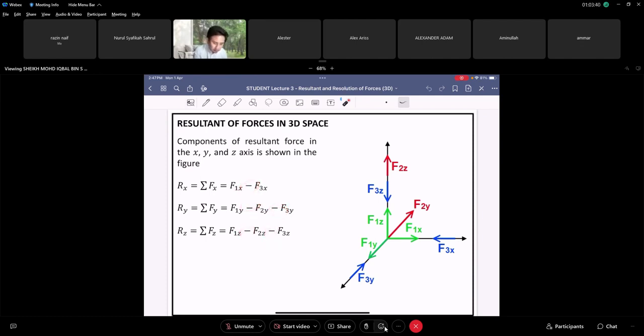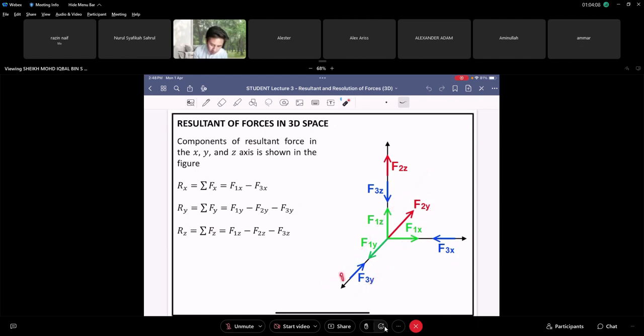For example, in the resultant force in the x direction, you straight away cancel this and cancel this. You only look at forces that are in the x direction. So plus F1x minus F3x, right? This one. Okay. For the y direction, you close this one, and only look at the force in the y direction.